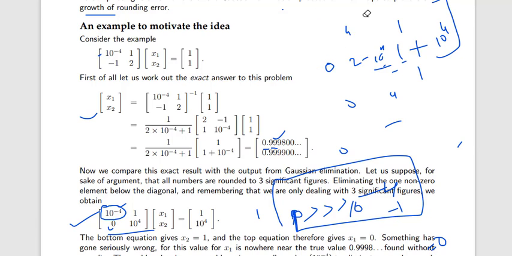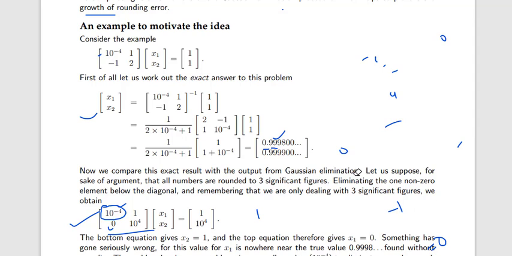So whenever in a linear equation there is a small number at the top and a larger number below it, then we will use partial pivoting. We will not directly use Gaussian elimination to solve the equation.